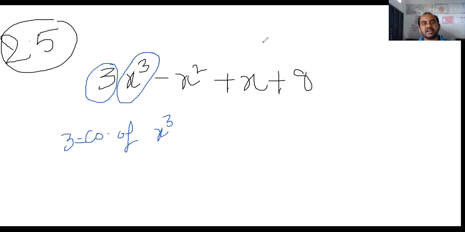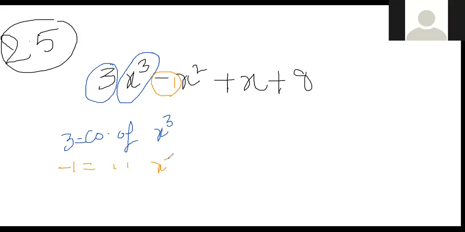Now coming to here, nothing is there. Can I consider 1? Yes. This now becomes minus 1. This minus 1 is the coefficient of x square. Now similarly, here nothing is there. Can I write 1? And now this is plus 1.